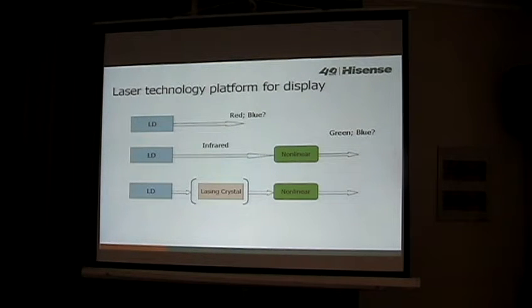Based on these three perspectives, we can understand why the semiconductor laser is the most popular laser, has the widest applications. Because first of all, you have a very simple pumping scheme.